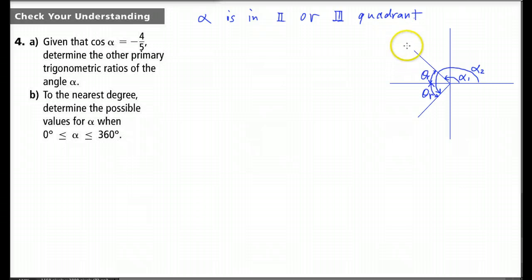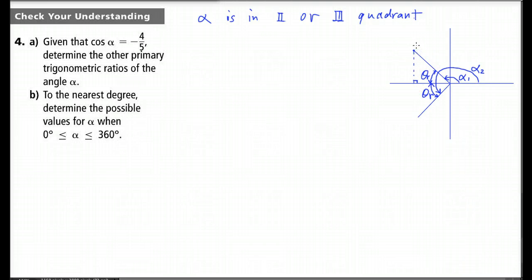So first of all, we need to find out the reference triangle, construct this triangle so that we can have a better idea of finding the other ratios. I'm just going to do one because the other one is symmetrical. It's about the same. And 90 degree.